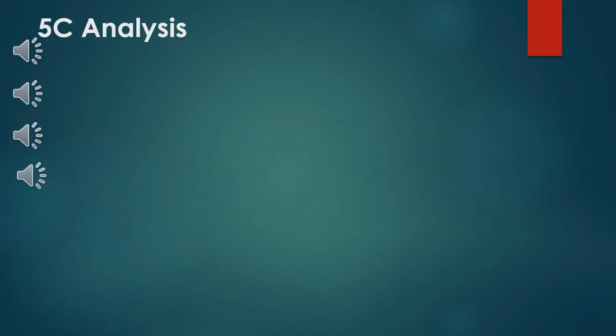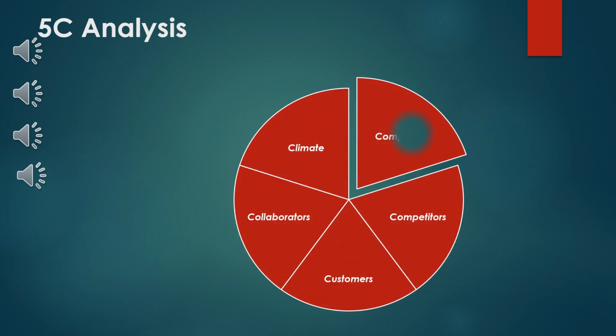So in the 5 C's analysis, we will get information about the internal, macro, and micro environmental factors within our environment. The 5 C's are the company, competitors, customers, collaborators, and the climate. The company analysis will focus on the internal factors, including strategies, objectives, structures, also the capabilities of the organization and the resources that they own.